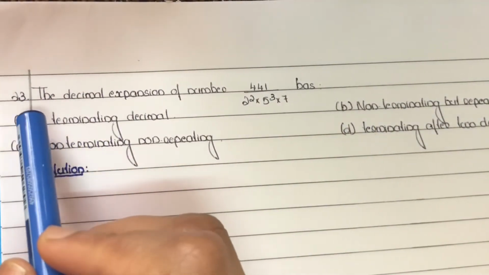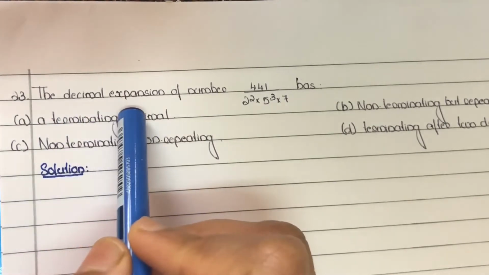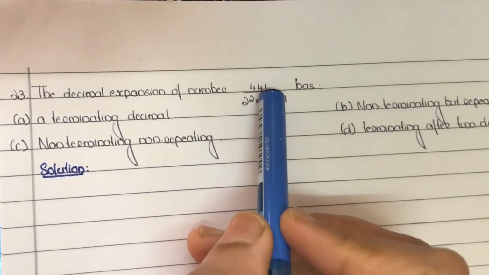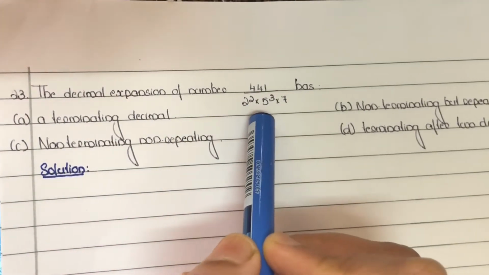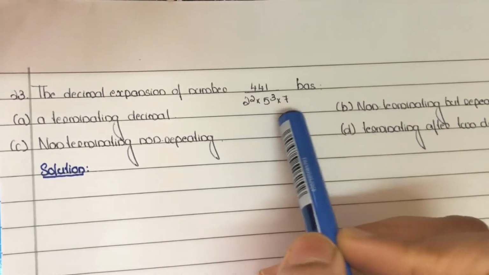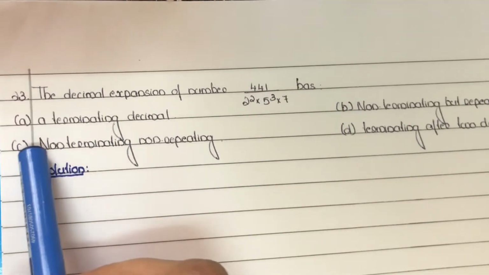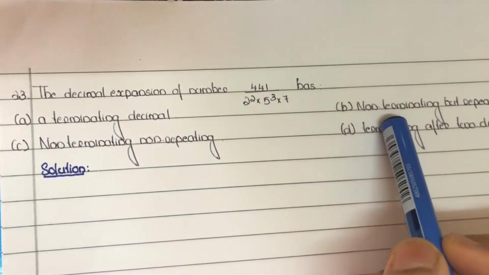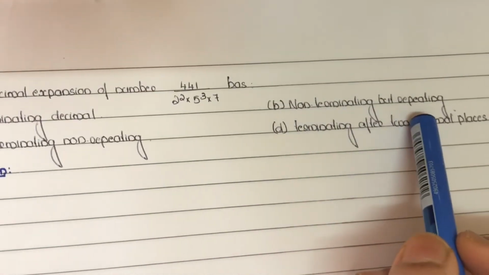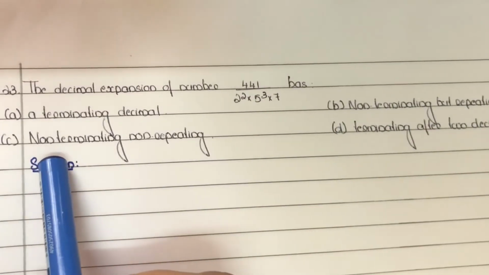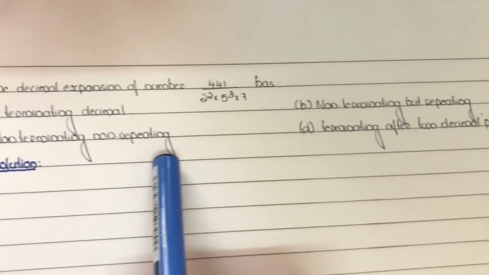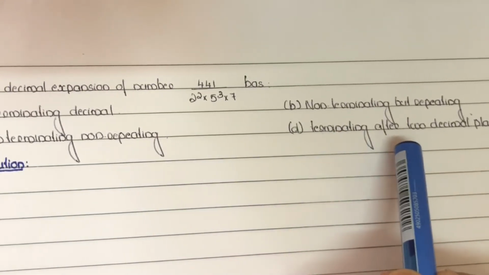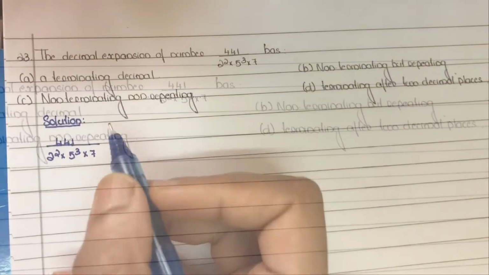Next, question number 23. The decimal expansion of the number 441 by 2 raised to 2 into 5 raised to 3 into 7 is: option A, terminating decimal; option B, non-terminating but repeating; option C, non-terminating, non-repeating; option D, terminating after 2 decimal places.